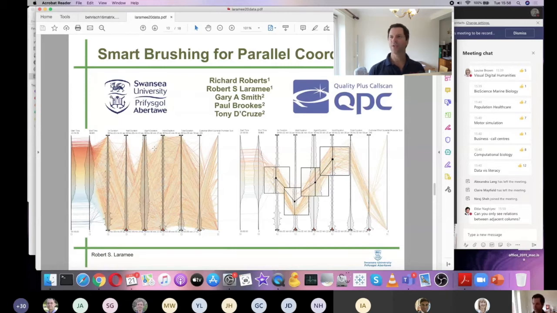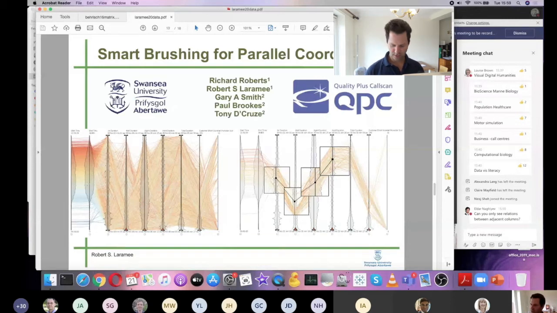This is visualizing call center data using parallel coordinates, and each polyline in this data set represents a phone call made to a call center, right? There's an axis here that represents the time at which the call started. There's another axis that represents the time at which the call ended.